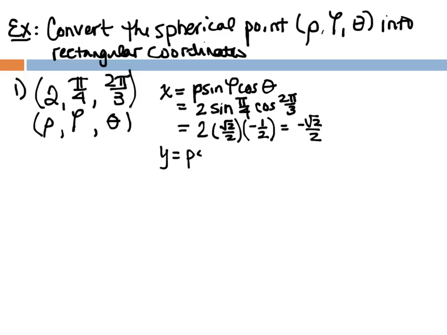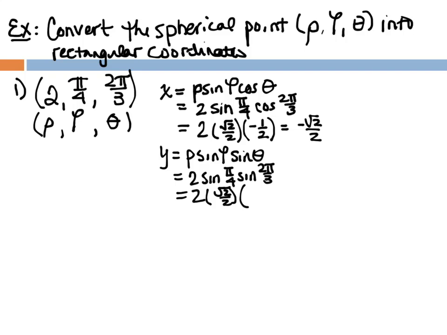Well, it's rho sine phi sine theta, right? So I have 2 sine pi over 4 sine 2 pi over 3. So part of this I already did. There's that square root 2 over 2 that Tally told us. How about the sine of 2 pi over 3 then?